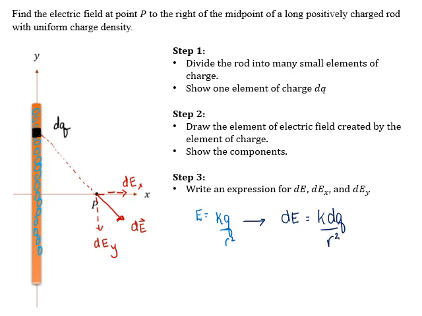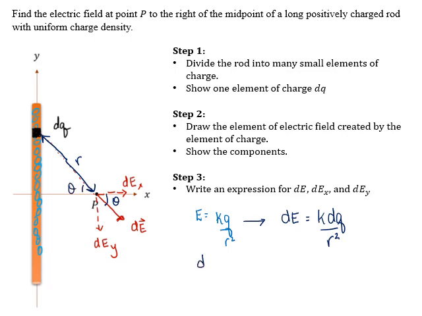Okay, since we've put R in our equation, we better put R in our diagram. And R is the distance between our element of charge and our point P. So here's our R right here. All right, to find our components, we know that we need to use some trigonometry. I'm going to call this my angle theta, which makes this my angle theta.